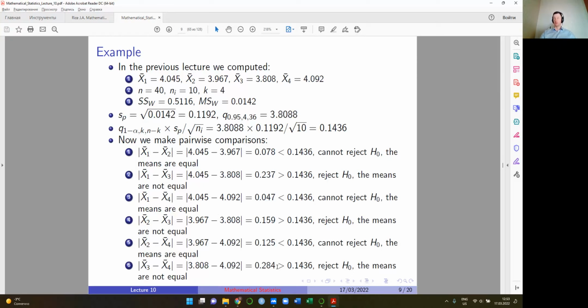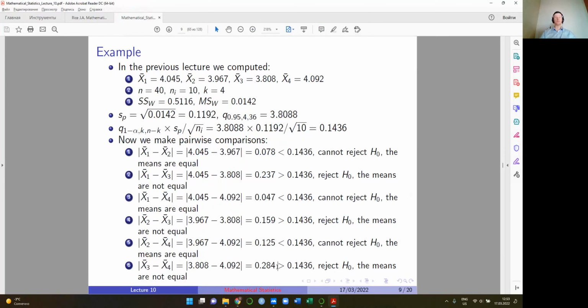So the overall conclusion is that we identified that oil wells 1, 2, and 4 are not different from each other in terms of their mean production of oil, while well 3 differs, and this pairwise comparison showed us that well 3 is less productive than the other oil wells.